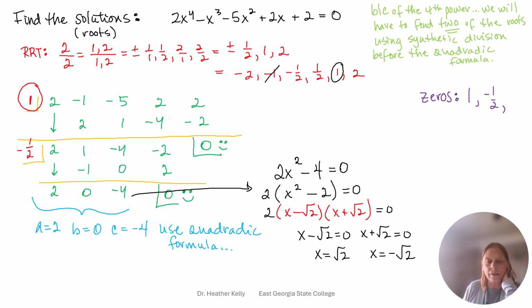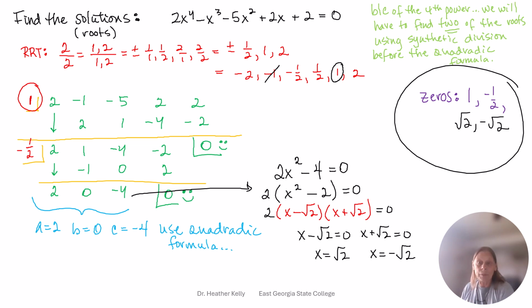As I said when we talked about factoring and everything, using the square root property is dangerous. A lot of times students lose half of their points because they missed half of the answers. So do be careful. So our zeros are 1, negative 1/2, square root of 2, and negative square root of 2.